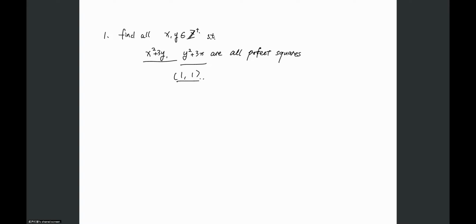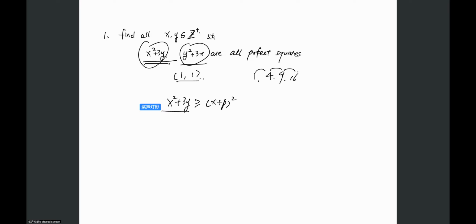For this Diophantine equation, I may try to use inequalities, because considering the perfect square numbers 1, 4, 9, 16, the difference is increasing. x squared plus 3y is larger or equal to x plus 1 squared, because it is a square number and cannot equal x squared.